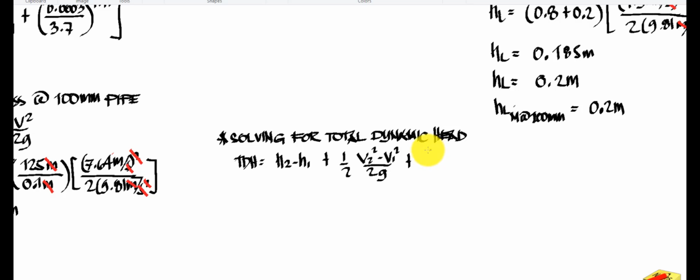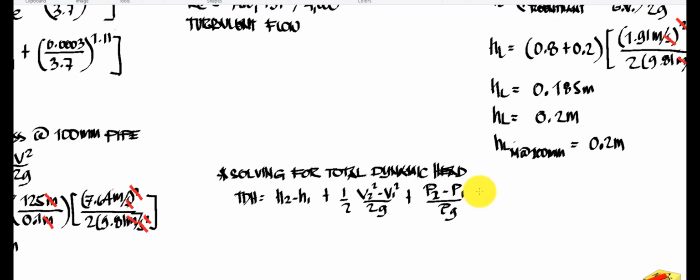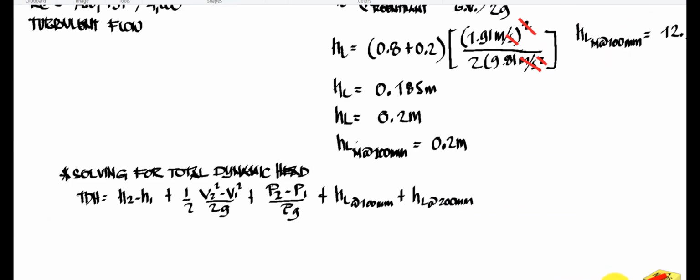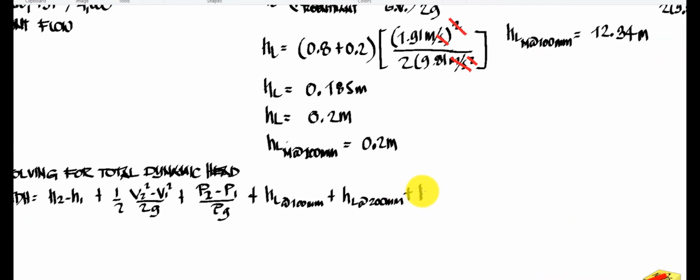So we have the change in pressure from point 1 to point 2, which is divided by the density times the gravity, then plus the head loss at 100 mm pipe plus the head loss at 200 mm pipe, and plus the head loss minor at 200 mm pipe plus the head loss minor at 100 mm pipe.